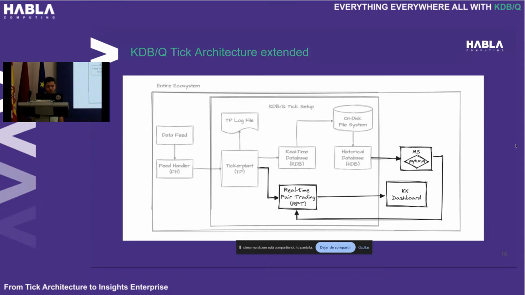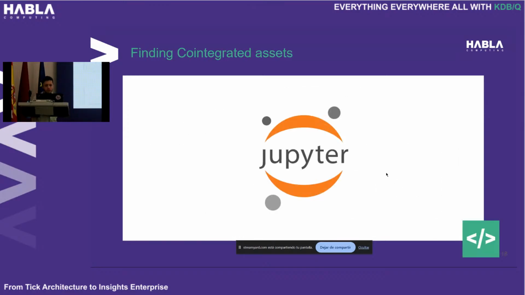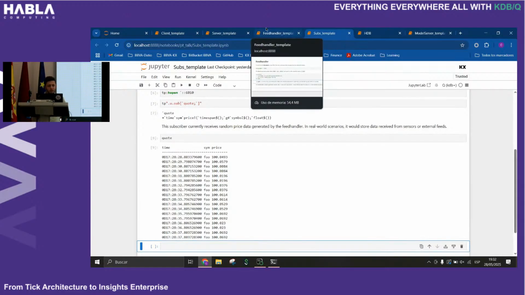That information is going to be sent to the real-time pair trading indicator to calculate the spreads in real time. Once we have the spreads in real time, in this case I'm going to plot them, but we could send some market orders, or we can do something else. So let's see how we can implement a model server in this tick architecture.